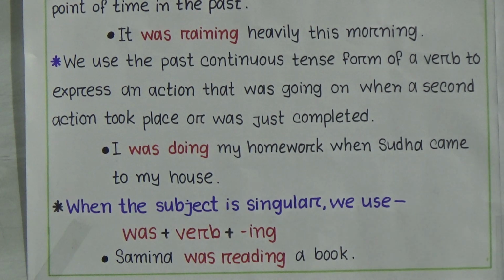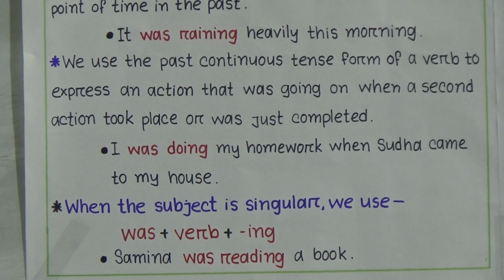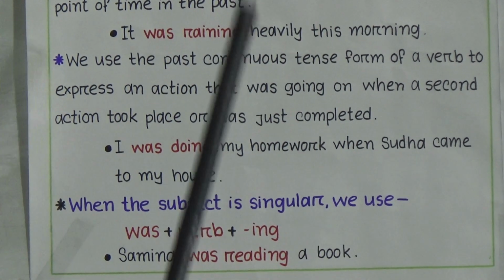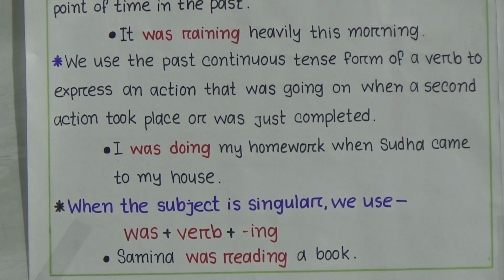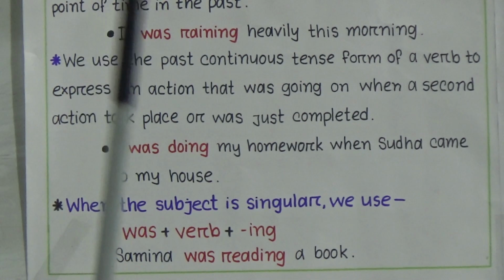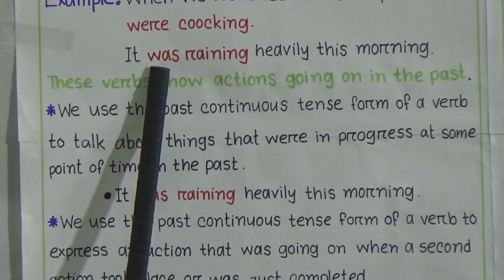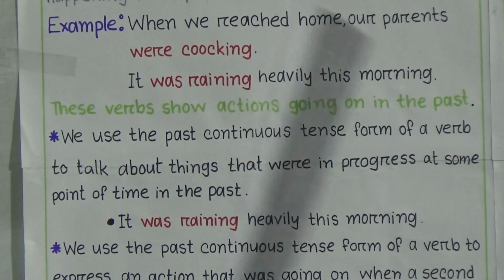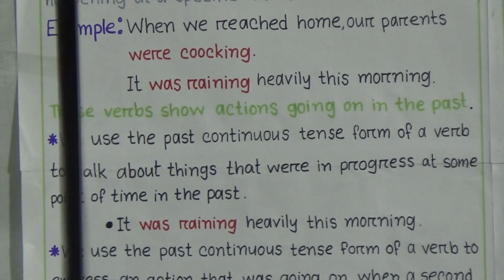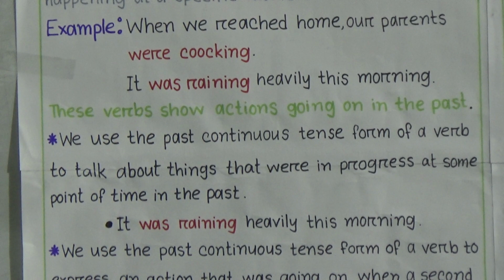Now students will learn the structure of past continuous tense. You can ask me, Miss, in this example you use were and here you use was. Why? It's a good question. Now we'll learn about this.